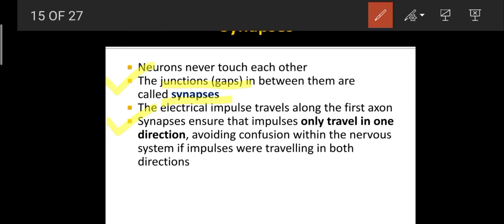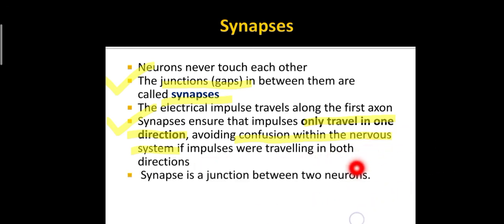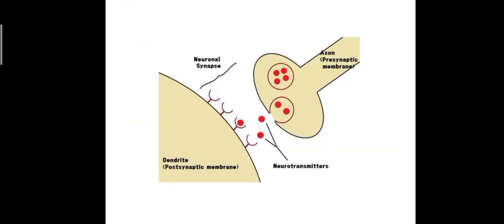Synapses ensure that the impulse only travels in one direction, and it avoids confusion within the nervous system if the impulse were traveling in both directions. So a synapse is a junction between two neurons. In this diagram we can see axons which are in the presynaptic membrane and dendrites which are in the postsynaptic membrane. These are the neurotransmitters and this is showing the neuronal synapse.